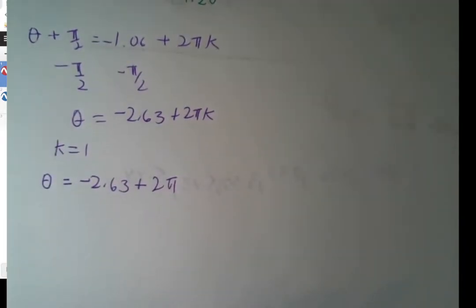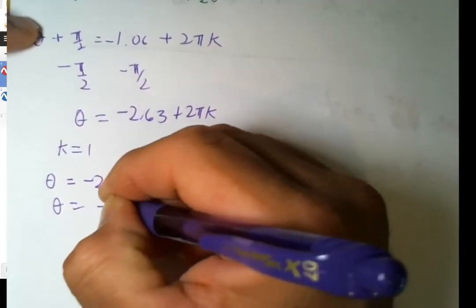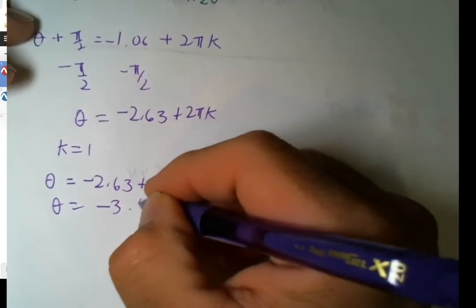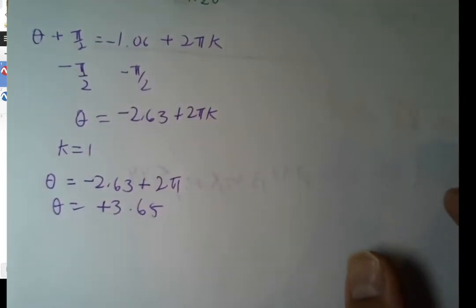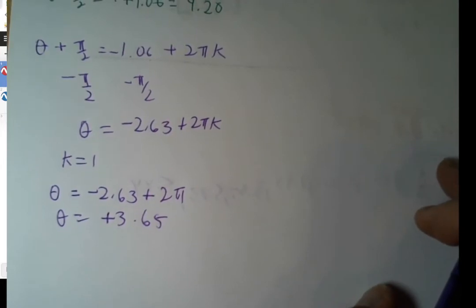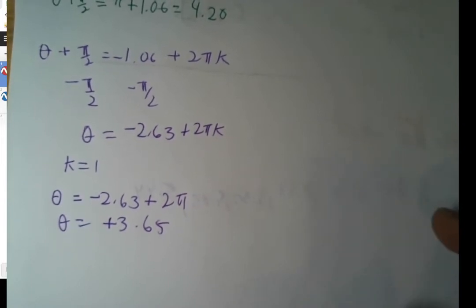All right, so we get positive 3.65, and that does fall between 0 and 2 pi, right? 2 pi is roughly, what, 6.28, something like that.